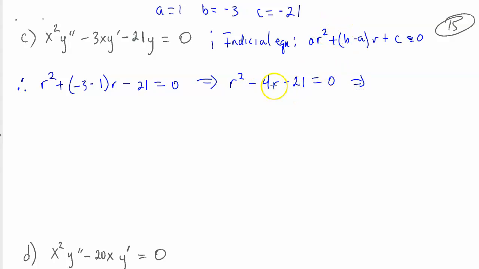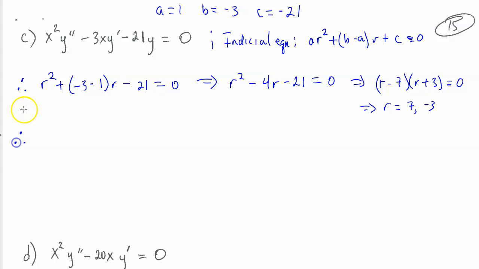And if we factor out the left-hand side, this would be r minus 7 times r plus 3 equals 0. And of course, that just means that our solutions to this equation are just 7 and minus 3.